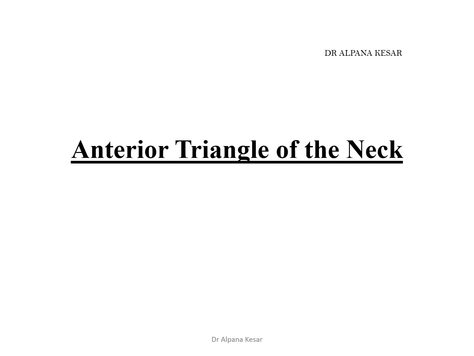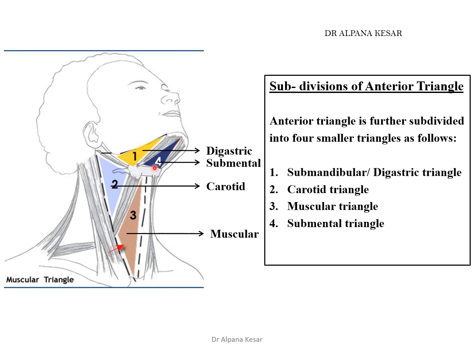Anterior triangle of the neck. The anterior triangle is further subdivided into four triangles. This is the submental triangle. This is the digastric triangle, also known as submandibular triangle. This is the carotid triangle.